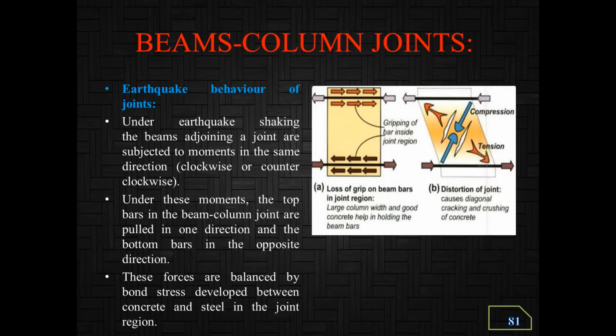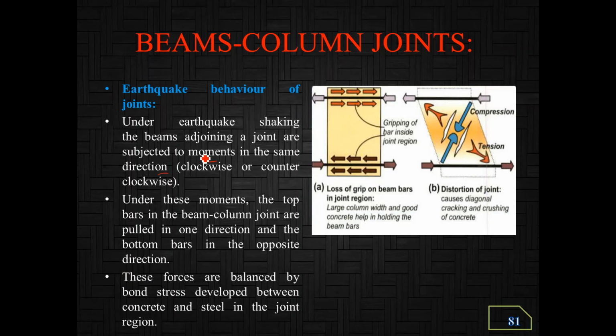What is the earthquake behavior of a joint? Or why does the joint become more prominent than any other structural member during an earthquake? Under earthquake shaking, the beams adjoining a joint are subjected to moment in the same direction, clockwise or counterclockwise.